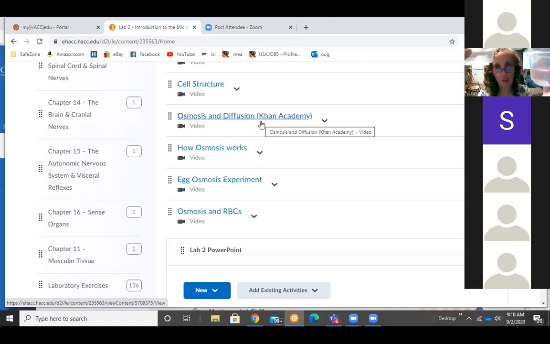So if this is my 10% sugar, which has the most water in it, and this is my 30% sugar that has less water in it, where is the water going to move? Is it going to move into the 30% sugar, or into the 10% sugar?